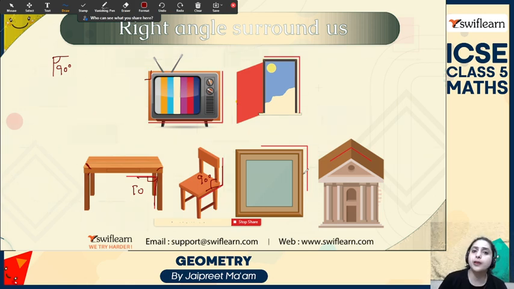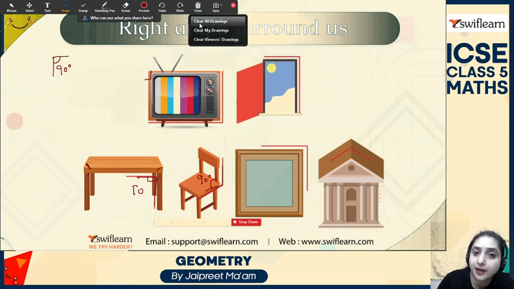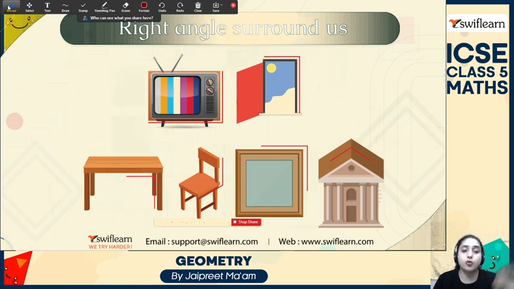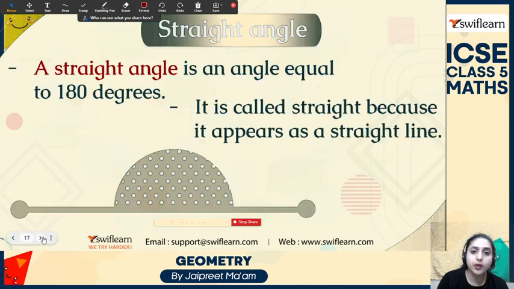The corners of the walls of the room, the edges of the sides of the window, the outer frame. So many examples around you are forming angles. So explore yourself and check the things.